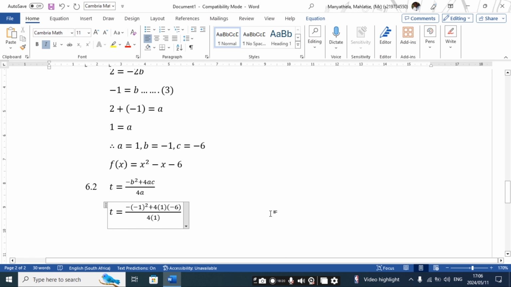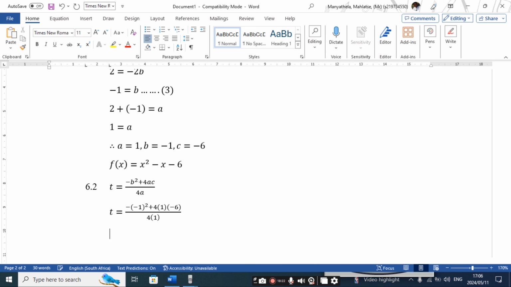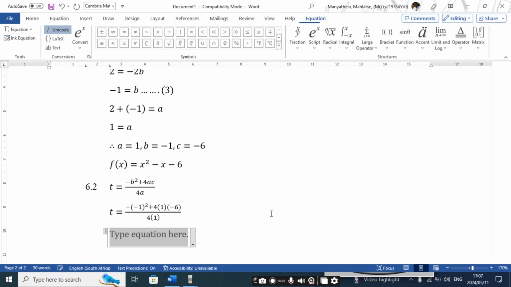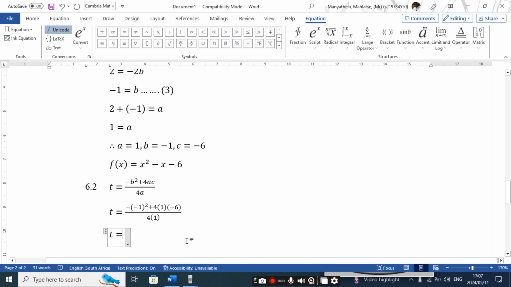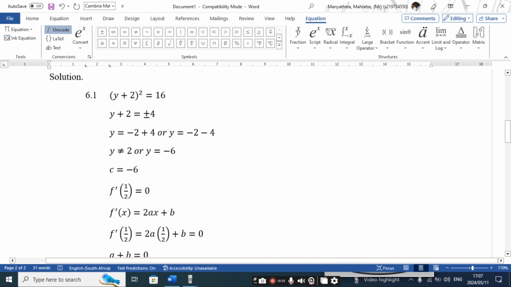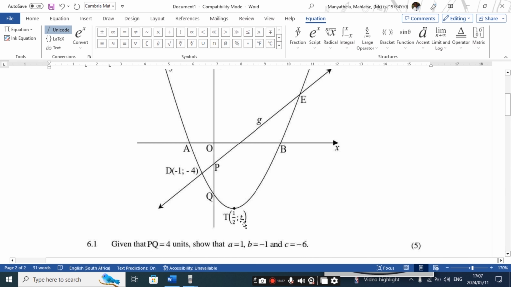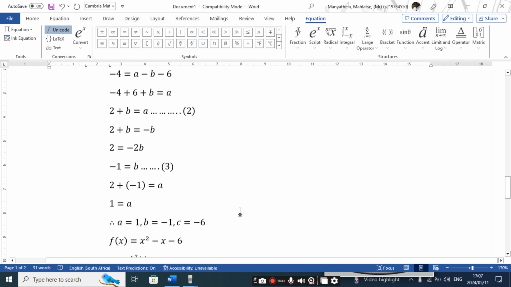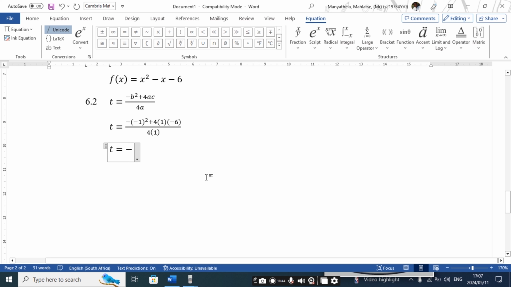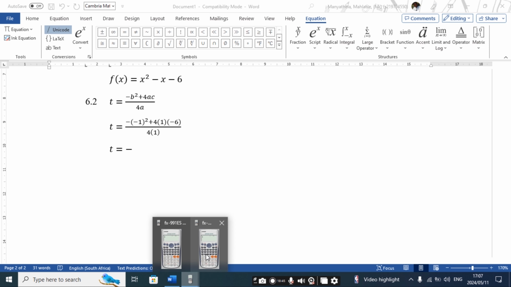While still waiting for the calculator to open, let me leave a space where we're going to put the value of t and proceed to the next question. But t will be minus something, because I can see by just looking at the graph that the value of t is negative, or less than 0.